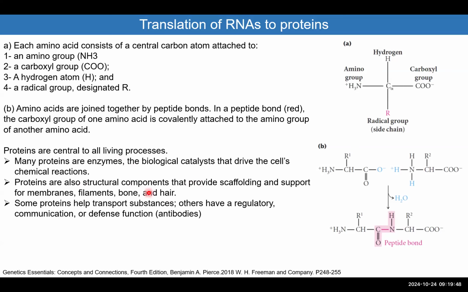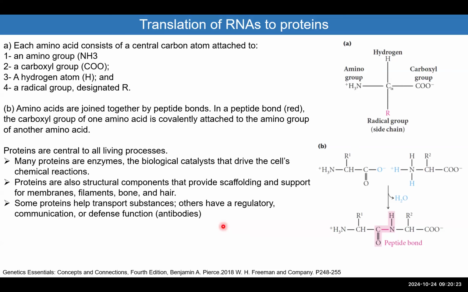They could be part of your structural component, like scaffolding, making membranes, making filaments, making bone, making hair. The differences is basically in the sequence of the peptides. Your antibodies are proteins. The proteins for transport of a chemical or something, like everything you do is any function in the body is basically performed by specific proteins.